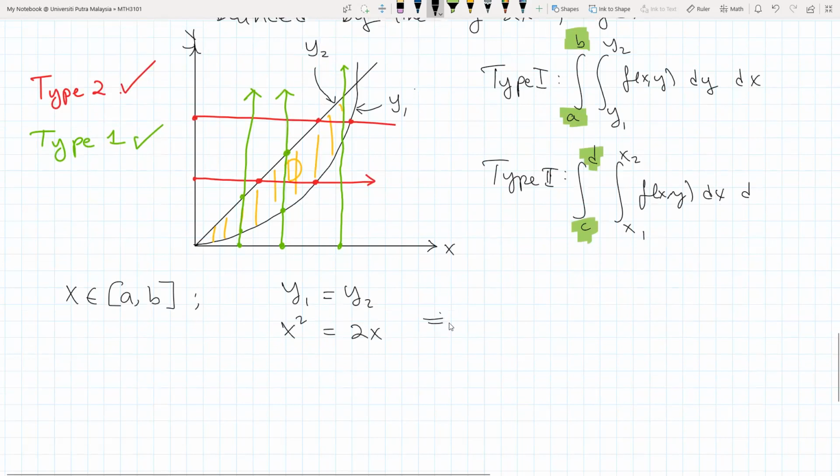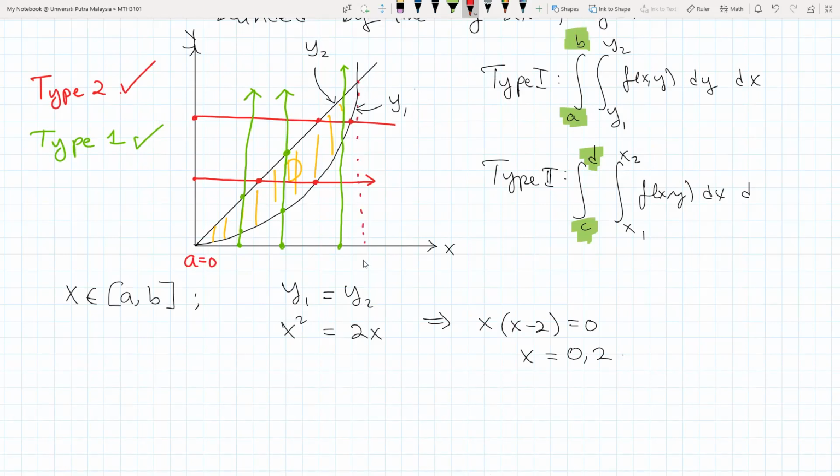So therefore, we have x(x minus 2) equals to 0. So therefore, x is 0 and 2. So what does that mean? The line I get here is A equals to 0, and then this one is 2.